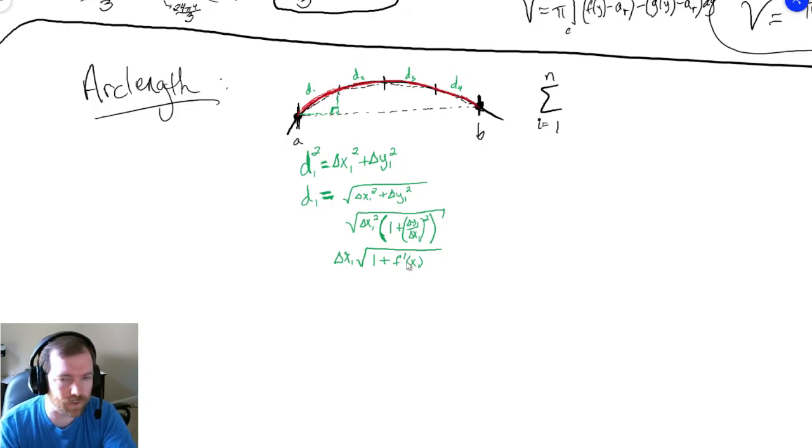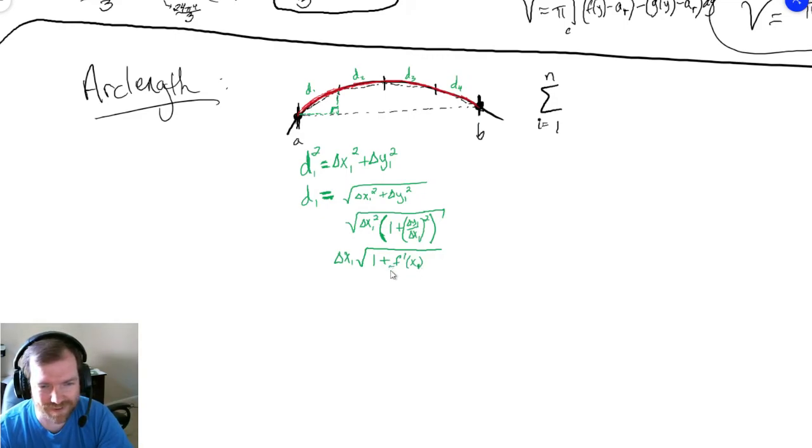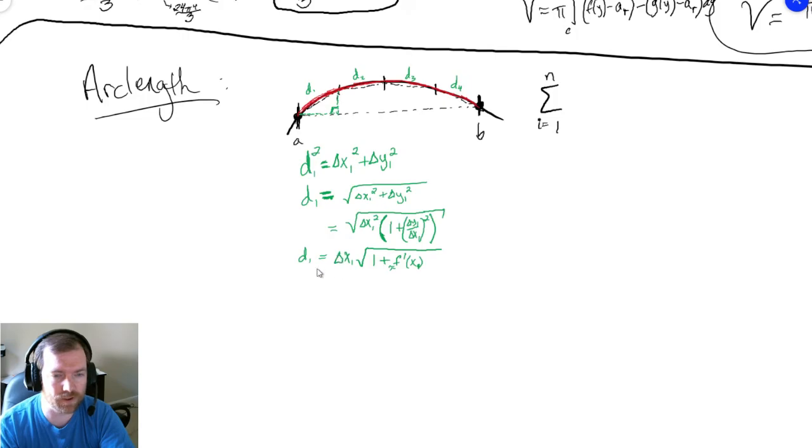So I guess technically we can't say that, but it's close enough. So this is an approximation for it, at the very least. Which then, of course, all we need to do is take the limit as delta x becomes 0.